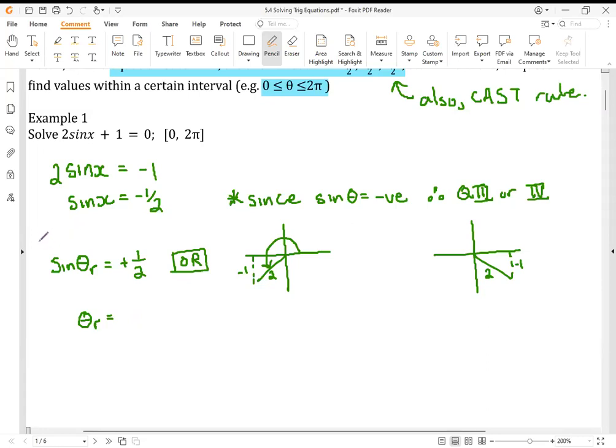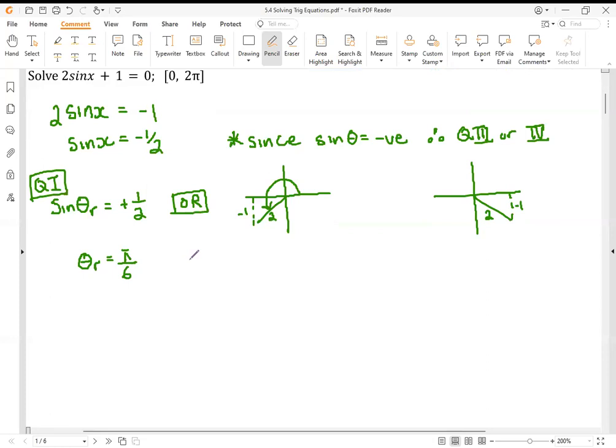And this part, let me put a little reminder. We're pretending if it's in quadrant 1, we would get positive 1 over 2. Yep. Thank you for giving it to me in radians too. I appreciate that. Okay, pi over 6 is my quadrant 1.